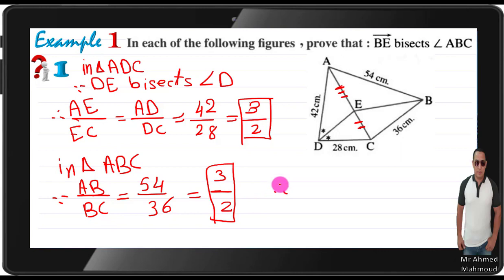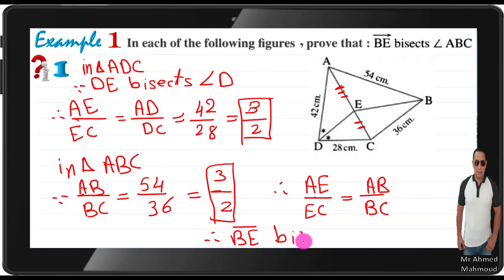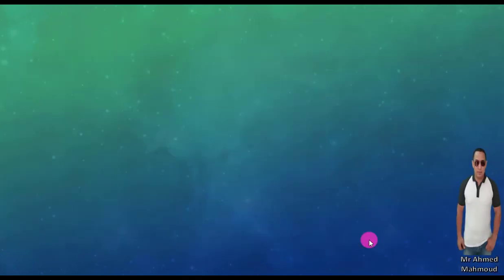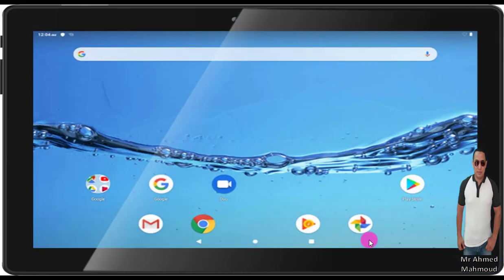Therefore AE over EC equals AB over BC. Therefore BE bisects angle B. The next one, number 2.